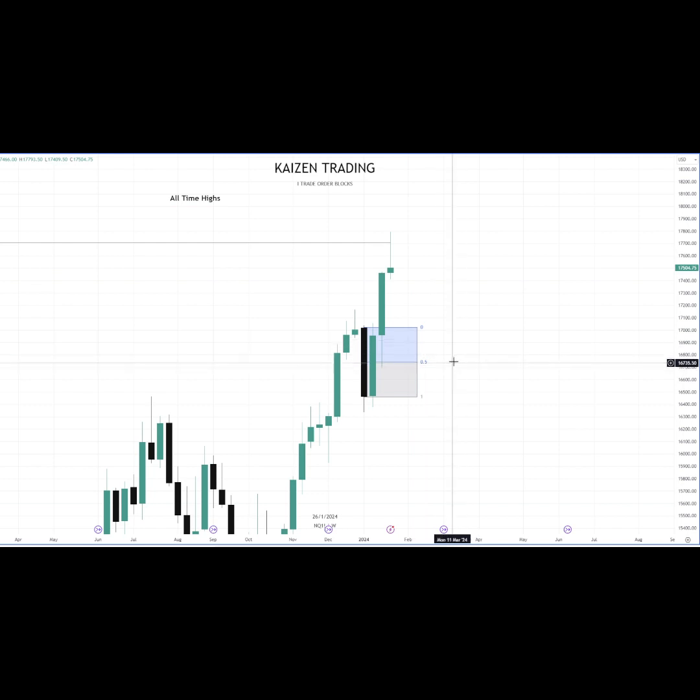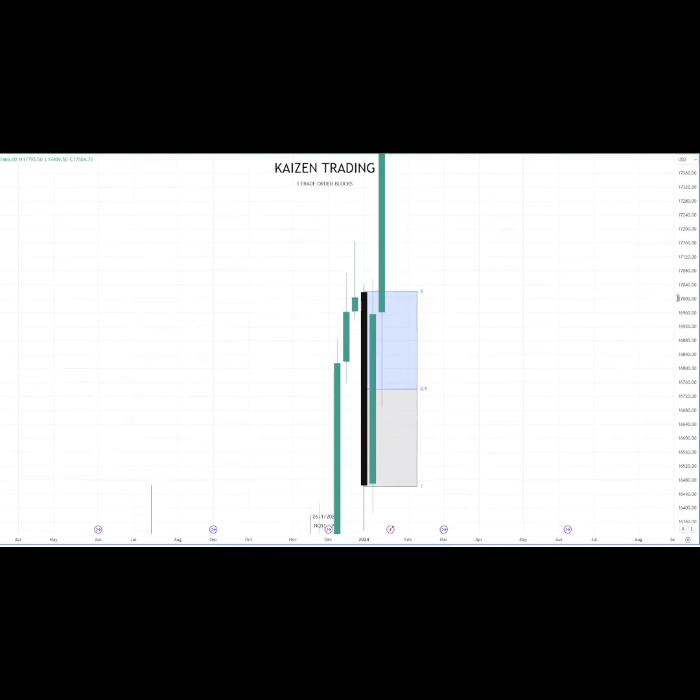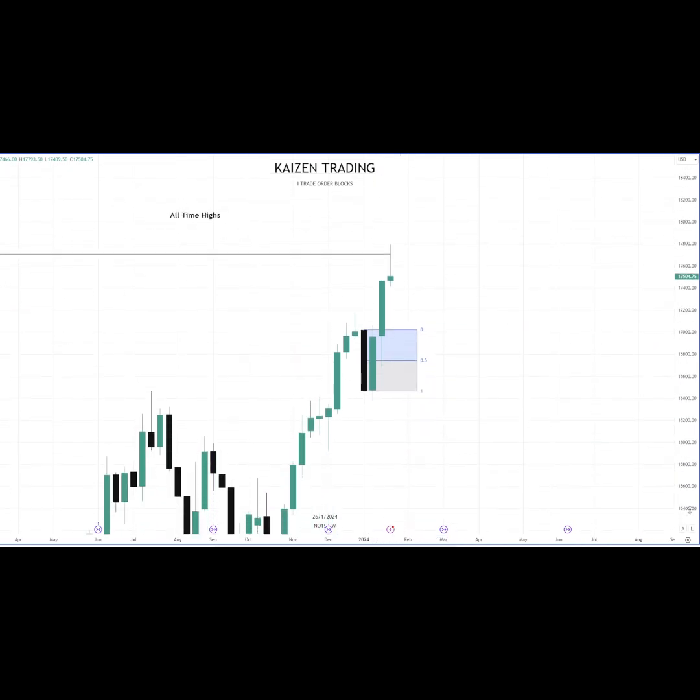That should coincide with Dixie reaching up to take the equal lows. We also have a very small imbalance right here on the weekly. Okay, we can zoom in and look at that. You can see this volume imbalance. Here's a GAM box just to break up this order block with a 50% level.